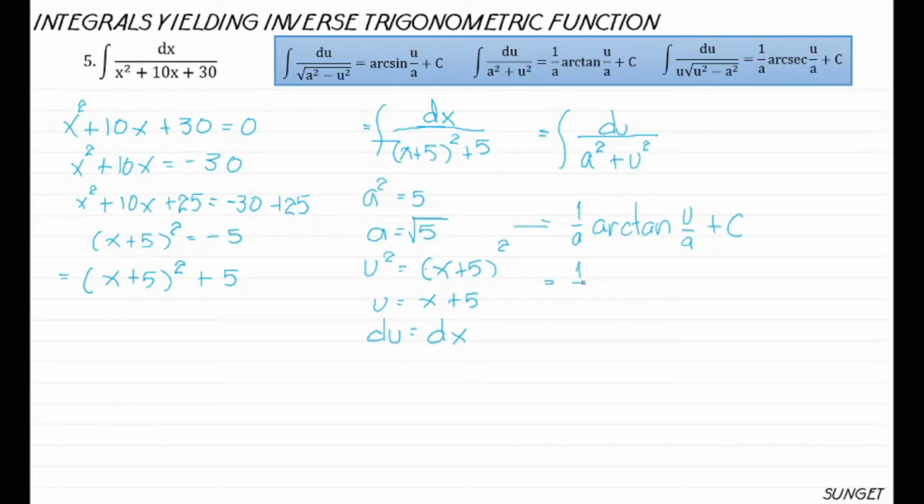So 1 over square root of 5 times the arctangent of u, that is x plus 5, over a, square root of 5, plus c. So the answer is 1 over square root of 5 times the arctangent of (x plus 5) over square root of 5 plus c.